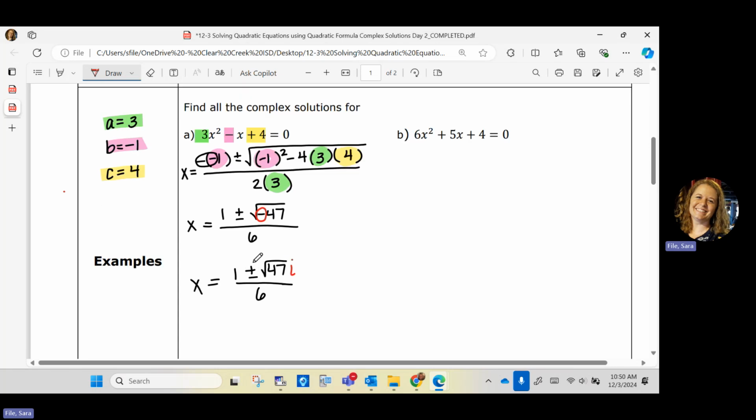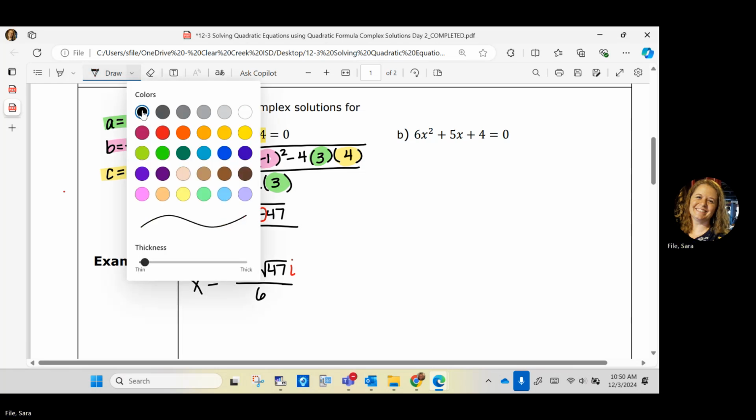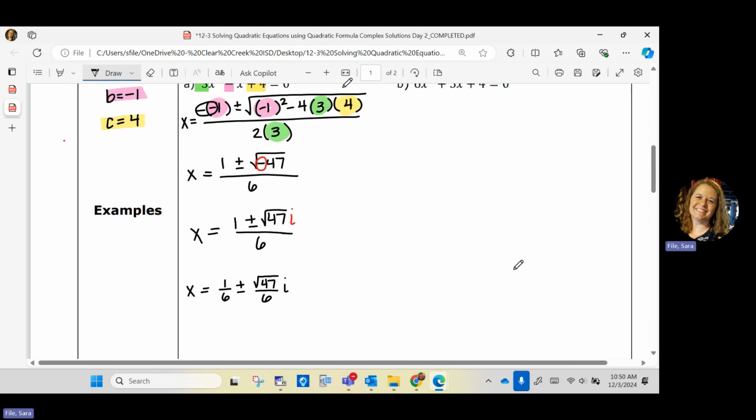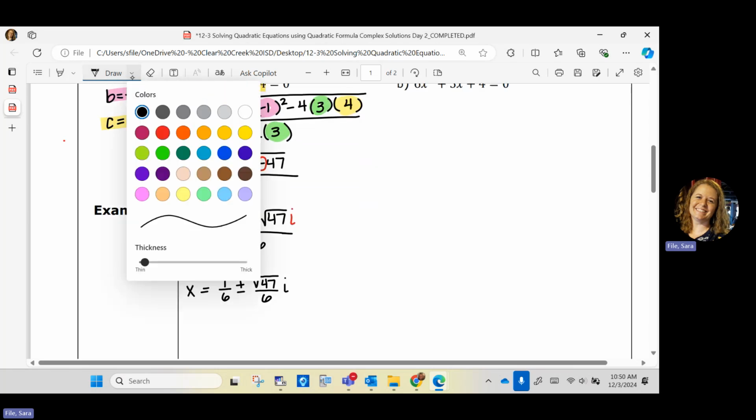Instead of having it all in the numerator over 6, I'm going to separate the 1 over 6 and the square root of 47i, so it looks like a plus bi. So my a is 1/6, got my plus or minus. Then my b is the square root of 47 over 6, i. So now it's in that form, a plus bi.